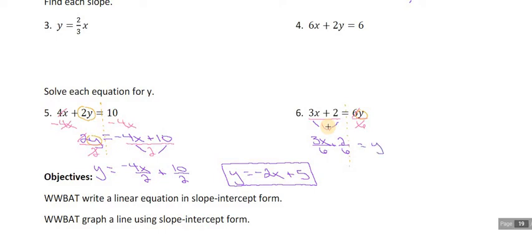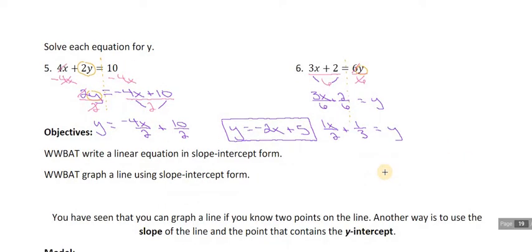And we're going to simplify. 3 over 6 simplifies down to 1/2. So it's technically 1x over 2 plus 2 over 6 simplifies to 1/3 equals y. And now I'm just going to flip the whole thing around and write y equals.